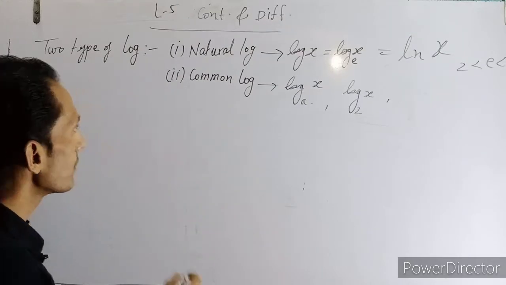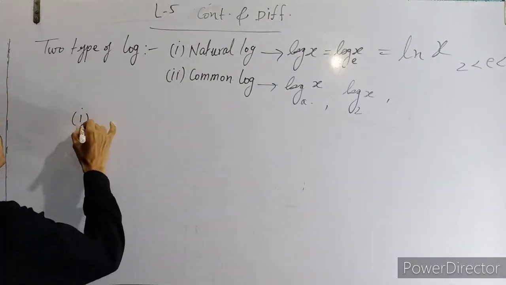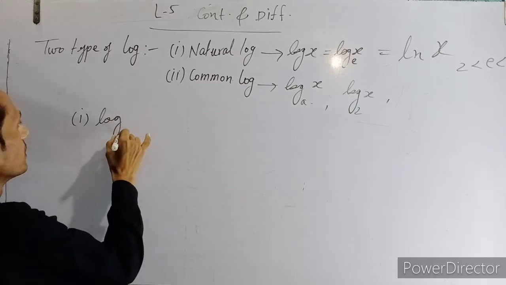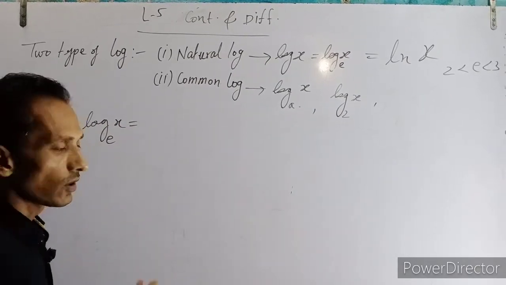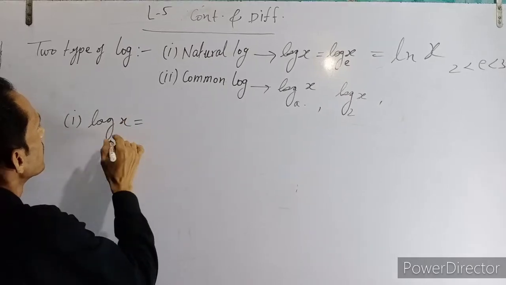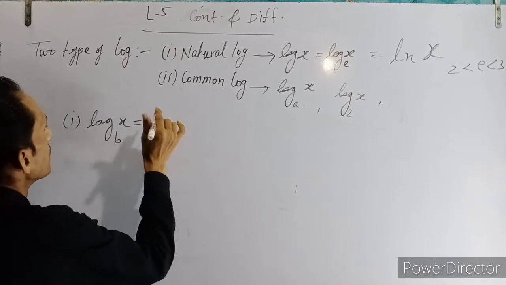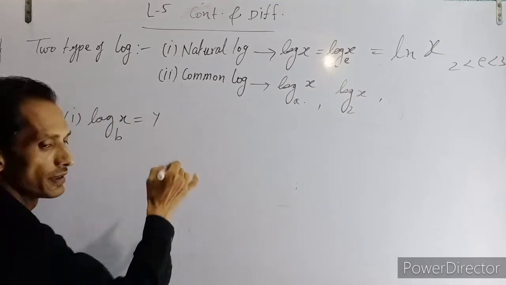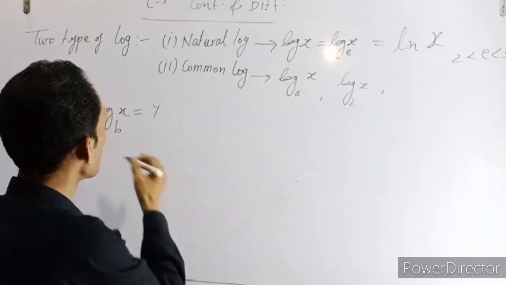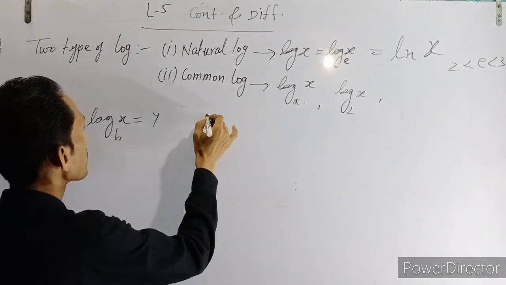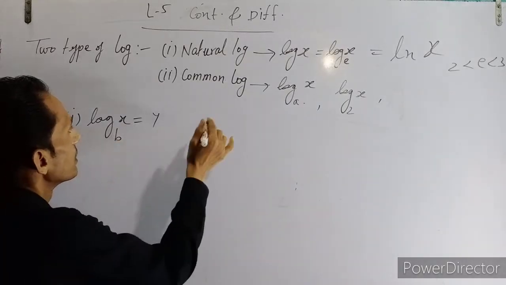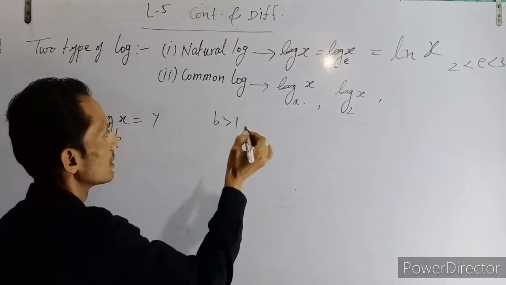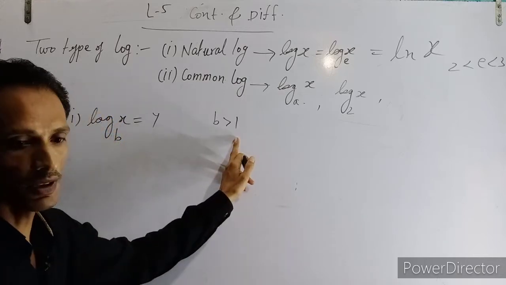Now suppose that log of x with base b equals y, that is the common log. So what is the property here? b should be greater than 1, always greater than 1.